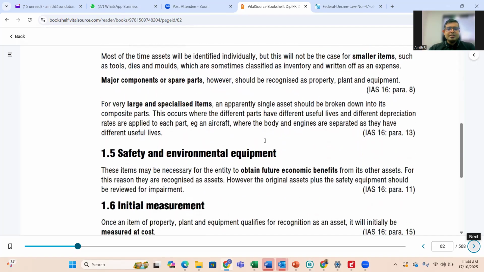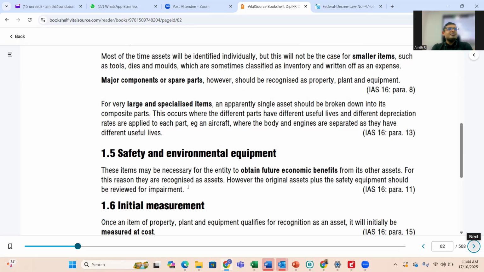So what happens is, the IFRS 16 para 11 specifically says these items may be necessary for the entity to obtain future economic benefits from its other assets. For this reason, they are recognized as assets. Tomorrow, if this burns, only that can come and help. So it will help me to earn future economic benefits from my other assets. However, the original assets plus safety equipment should be reviewed for impairment.